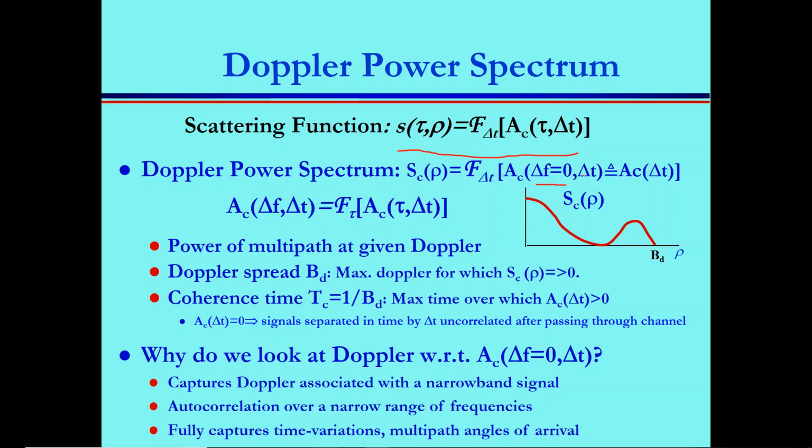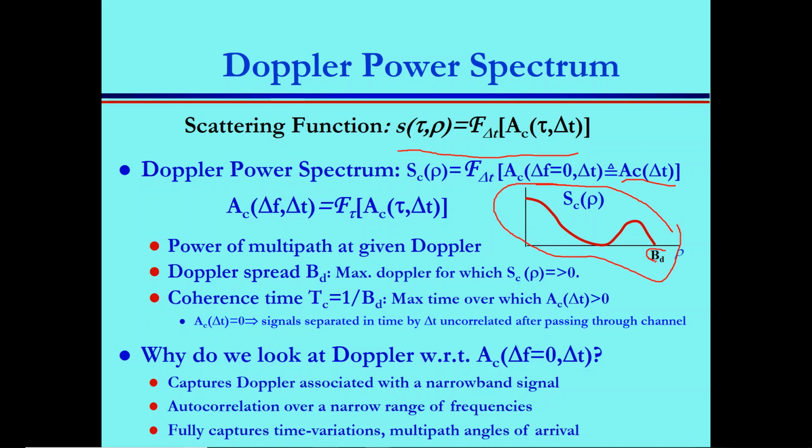With respect to variation in time, variation in time produces Doppler spread, because it's the Fourier transform, Doppler in the frequency domain. When you take the variation, you get the spread. And this becomes the autocorrelation function of the channel with respect to the difference in time, and you get something like this if you have Doppler spread.